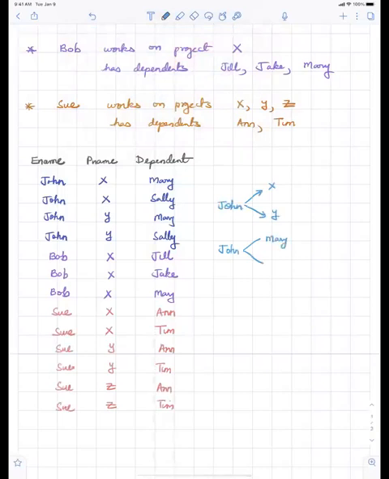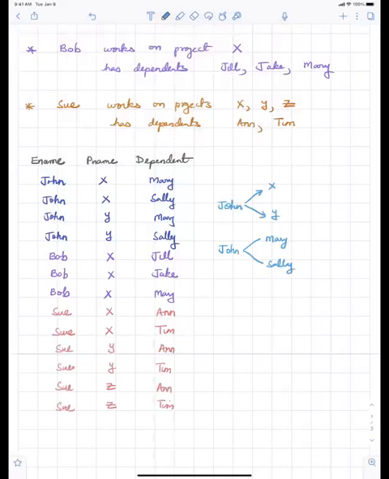You have both Mary and you have Sally. So John is not functionally dependent on either pname or dependent. And anyway, you look at any of the attributes out here, there's no dependency in this table.